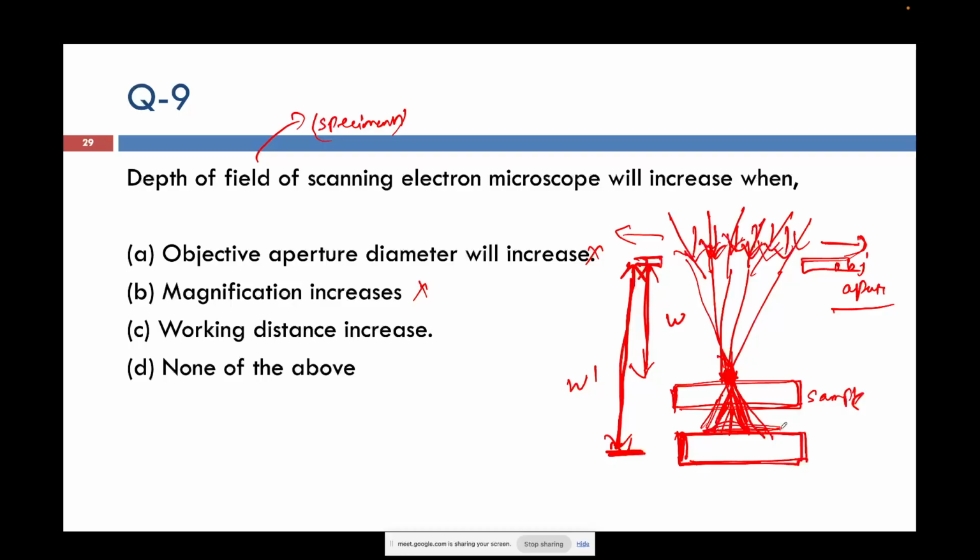So if I increase my working distance, many parts of my object will be in focus. So this will be the correct option, and since many parts of my object will be in focus, the depth of field of the scanning electron microscope will also increase. At the same magnification I'll be able to see various features, including flat surfaces as well as hilly kinds of areas.